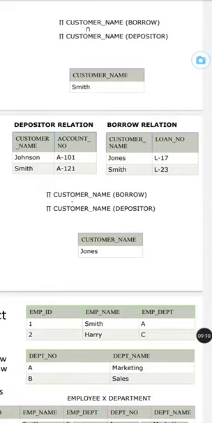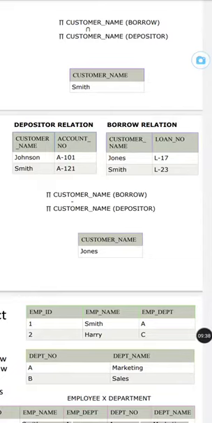We are doing the difference operator here, that is minus. From borrow you have to minus depositor. The depositor table is removed and just the borrow table is displayed. But in this case there is a Smith name in depositor. When deleting this, whichever similar name is there in the borrow relation also, it will just remove that one too. So this is the concept.